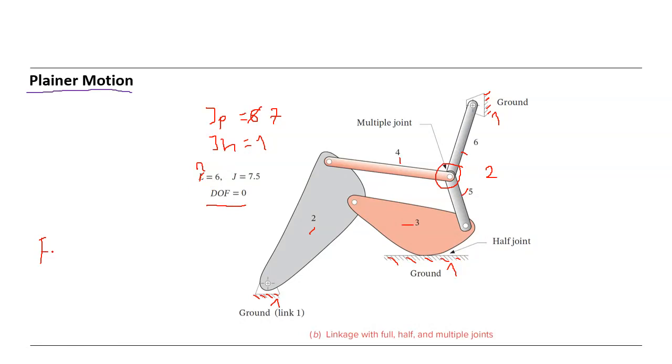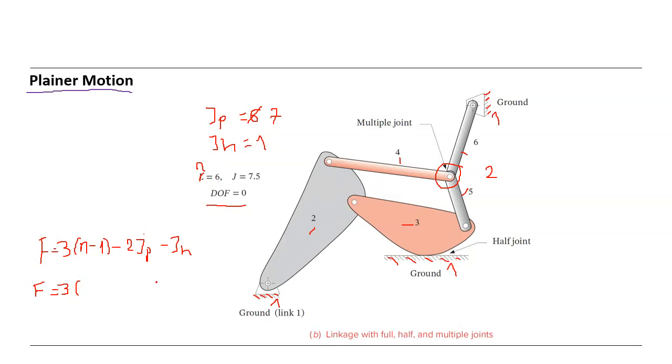So then if we write the equations, f is equal to 3 times n minus 1 minus 2 times joint primary and minus joint higher. So then if we put the numbers into the equations, f is equal 3, n is the number of bars, and how much?